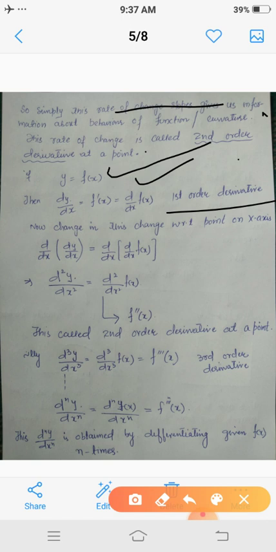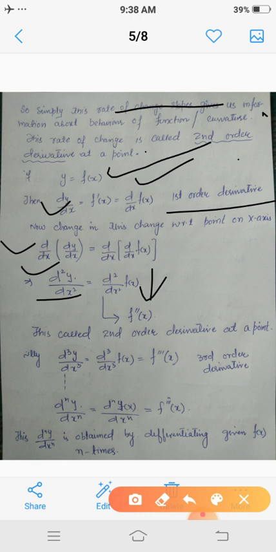Now if we have to find the change in this change with respect to the point on the x-axis, we simply write d by dx of dy by dx, which is d by dx of d by dx of f of x, or simply we write d2y upon dx square, which is d2 by dx square of f of x, or we symbolize this by f double dash of x. This f double dash of x is called the second order derivative at a given point.